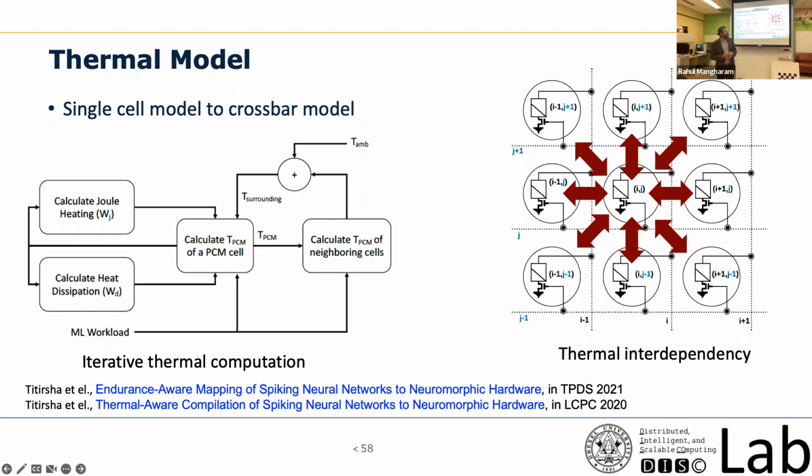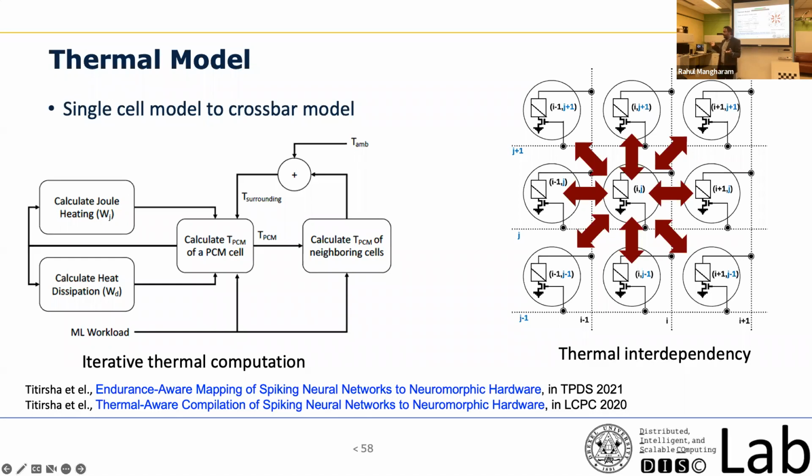We use something called hotspots to find out which components have higher temperatures. For example, if a spike is coming and hitting a particular synapse too often, it can generate a temperature that can leak to its surroundings. If you think logically from the phase change memory perspective, if the temperature is too high, its resistance state can change. How many of you have heard about the row hammer problem?